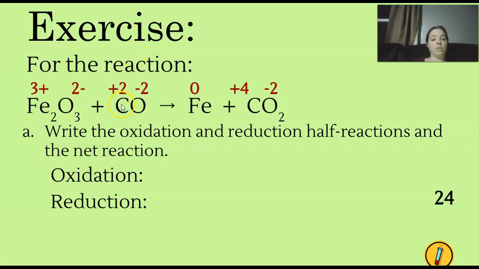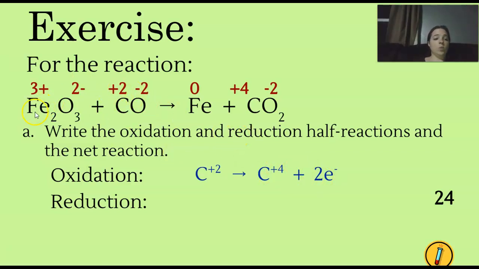How about carbons? 2+ to 4+. So I lost 2. I went from plus 2 to plus 4, and lost another 2. So there's my oxidation. I'm going to write that down: C2+ goes to C4+ plus 2e-.